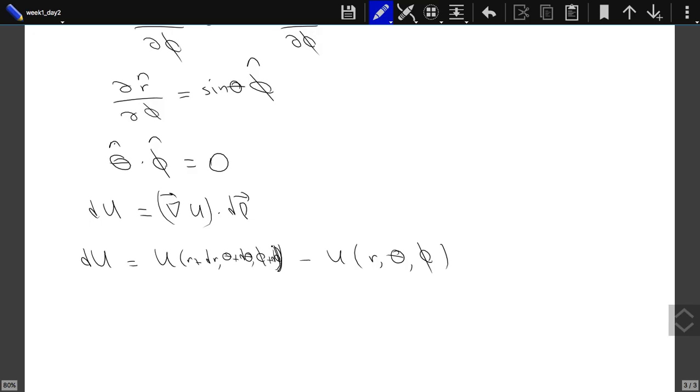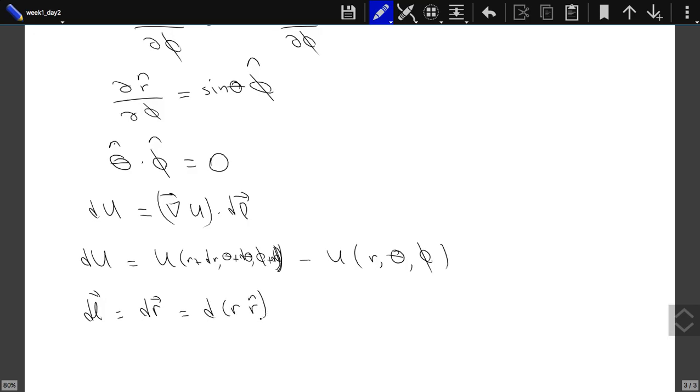What we are trying to obtain is this one. So what is dl? Or dr? It's basically the same thing. We are just slightly changing the position. This is equal to the change in r.